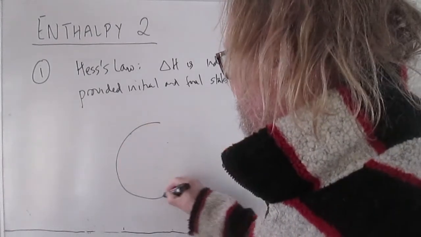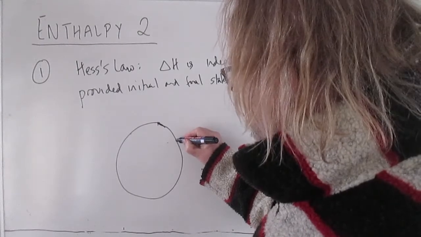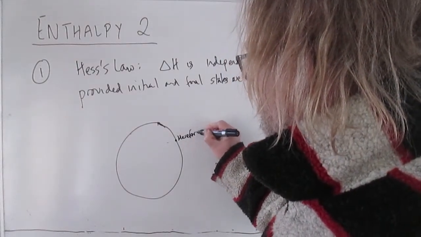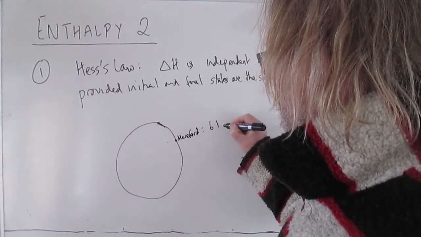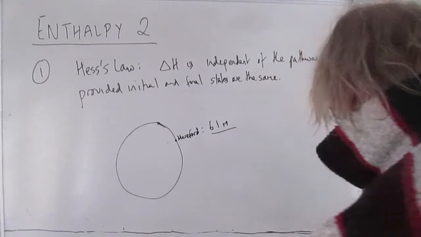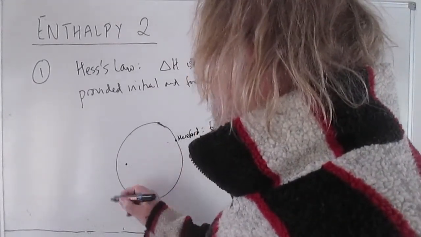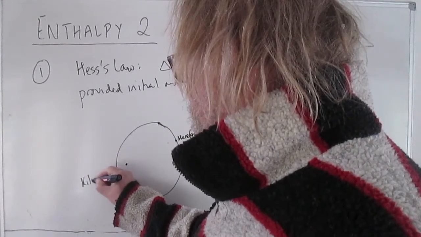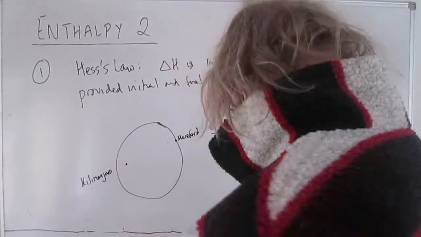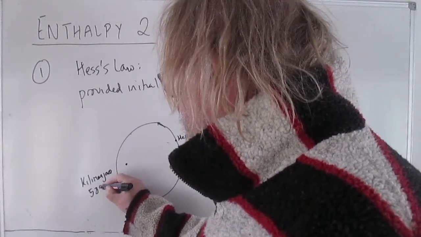Okay, so here's the Earth, and here's Hereford, which is at an altitude of 61 meters above sea level. And then over here somewhere is Kilimanjaro, which is at an altitude of 5,895 meters.